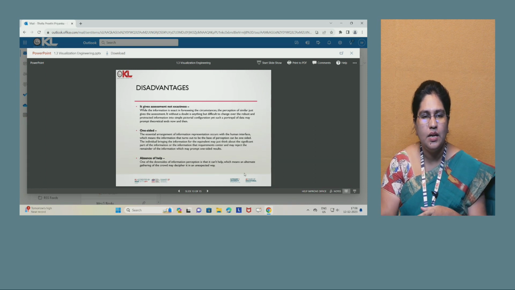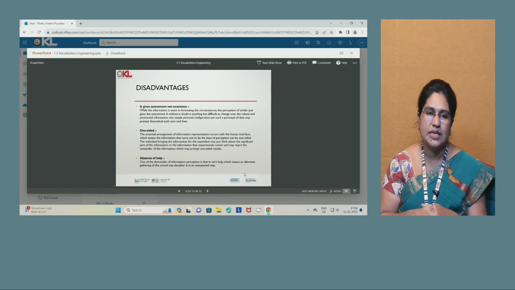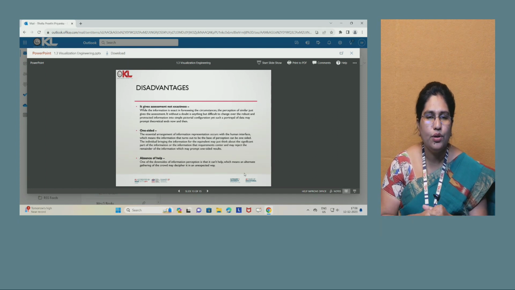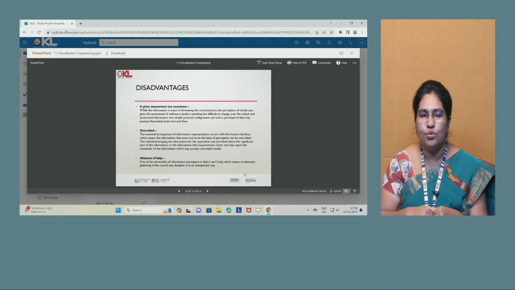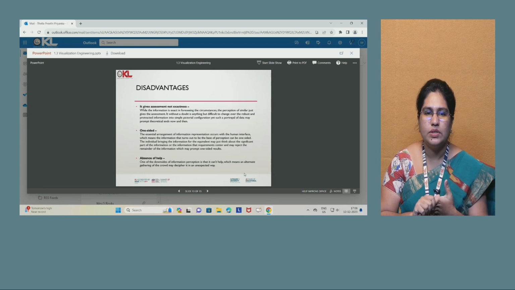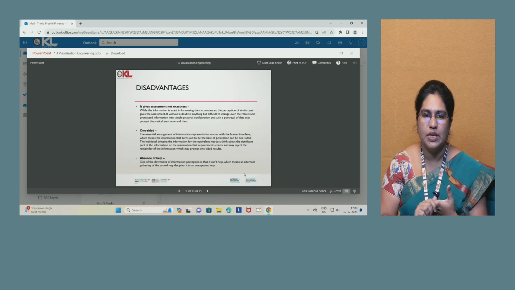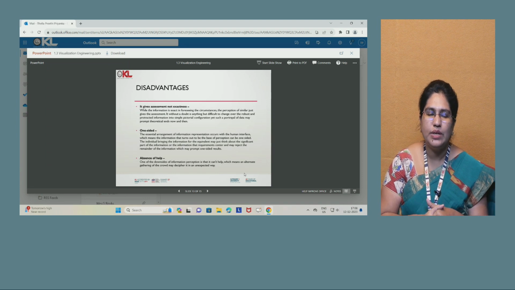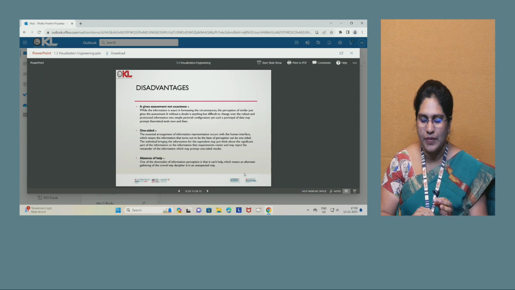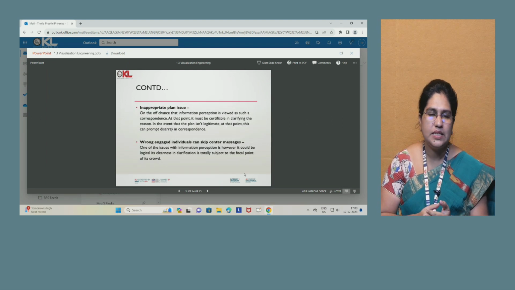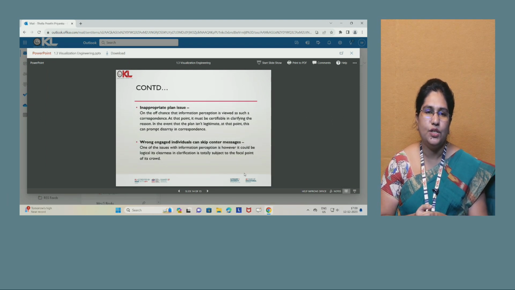One more disadvantage is the absence of help. We are not getting feedback. This absence of help is also one of the downsides of information perception, meaning that an alternative gathering of the crowd may respond in an unexpected way. So we don't know. Then inappropriate plan issues.